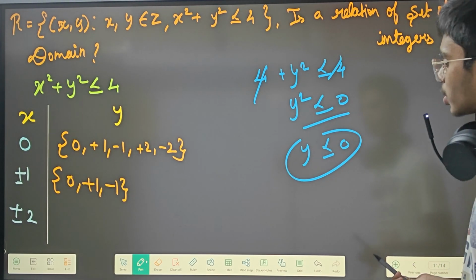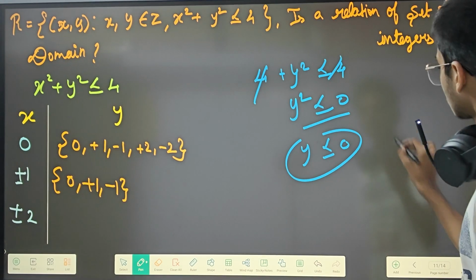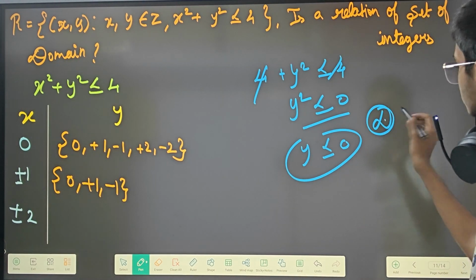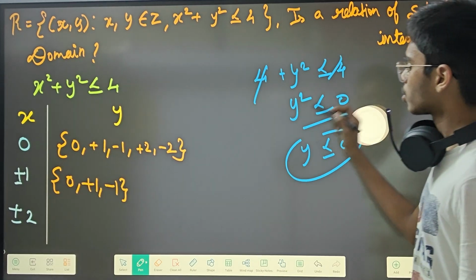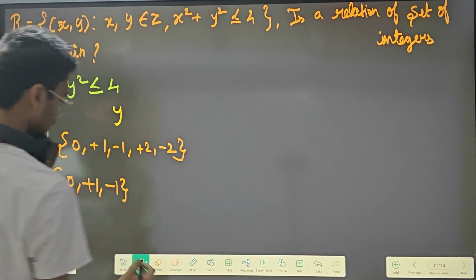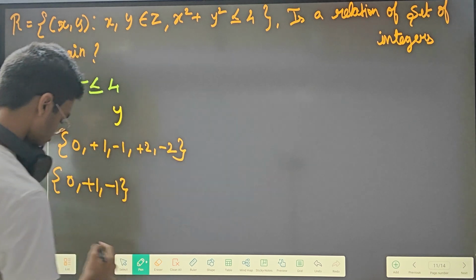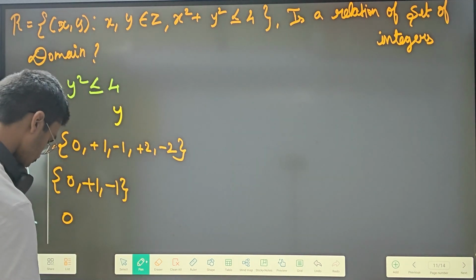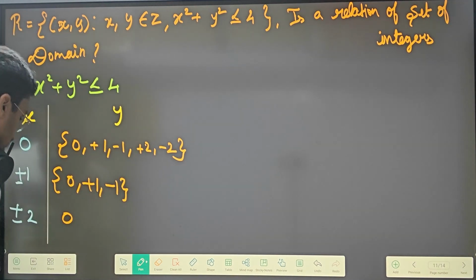So here you cannot choose anything. If you choose, then it is wrong. So that means when you are putting plus or minus 2, then what you will be getting? You will be getting 0.